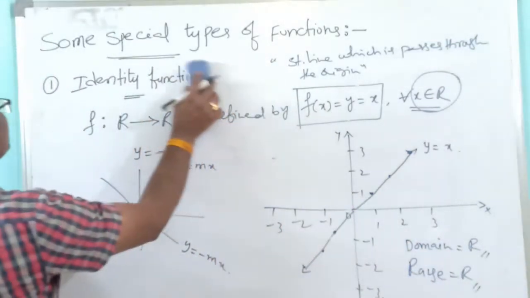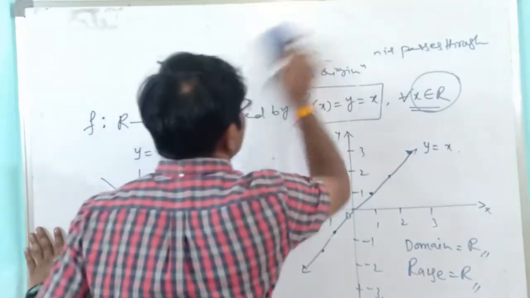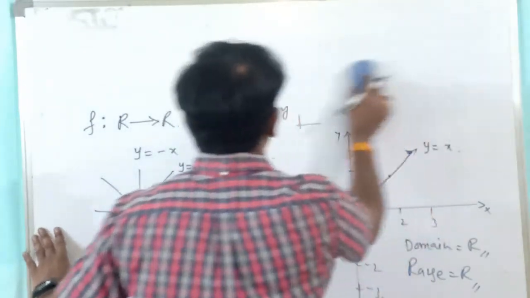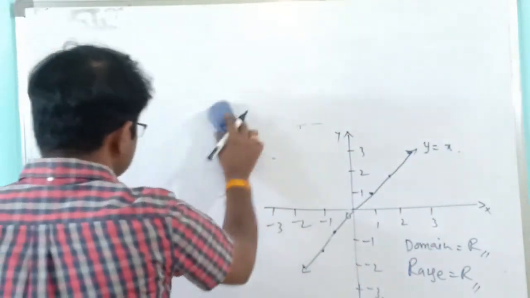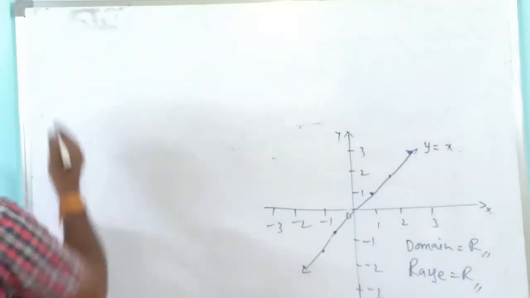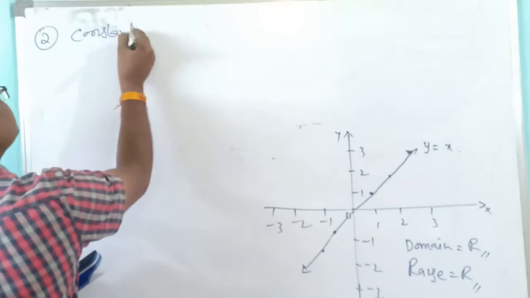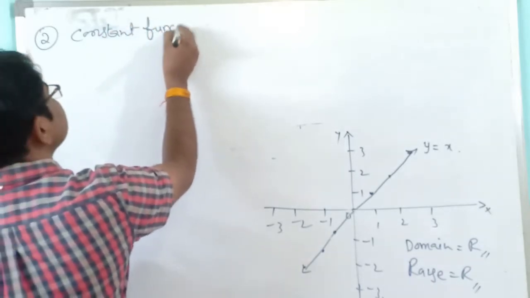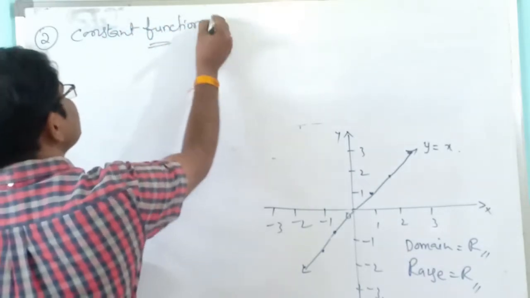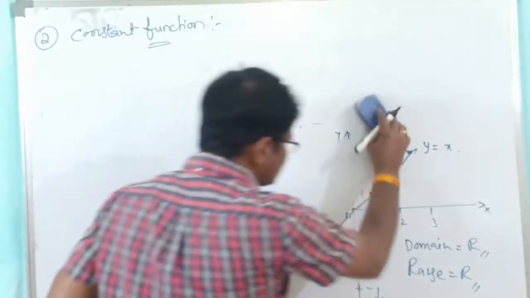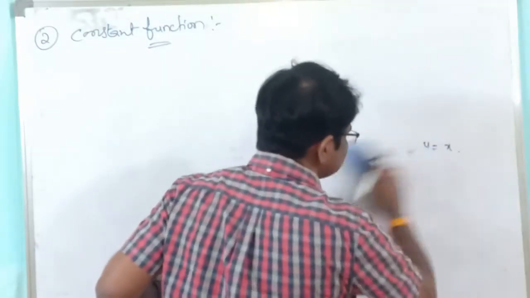Next, come to the second one, that is the constant function. So here also, how to define that one?